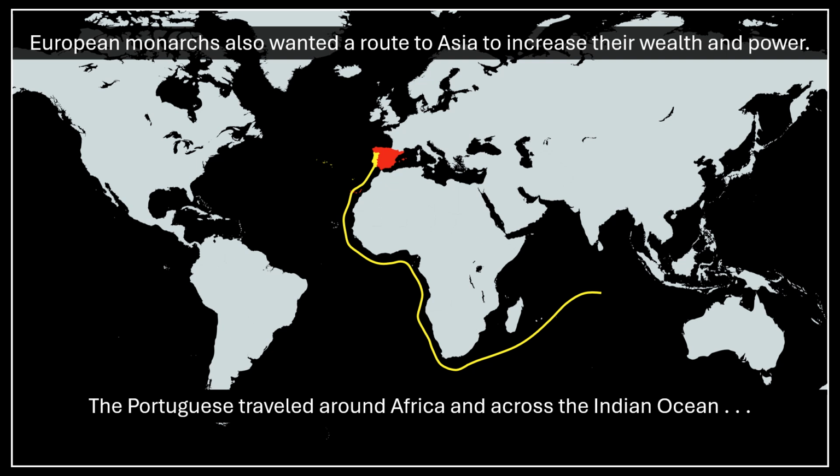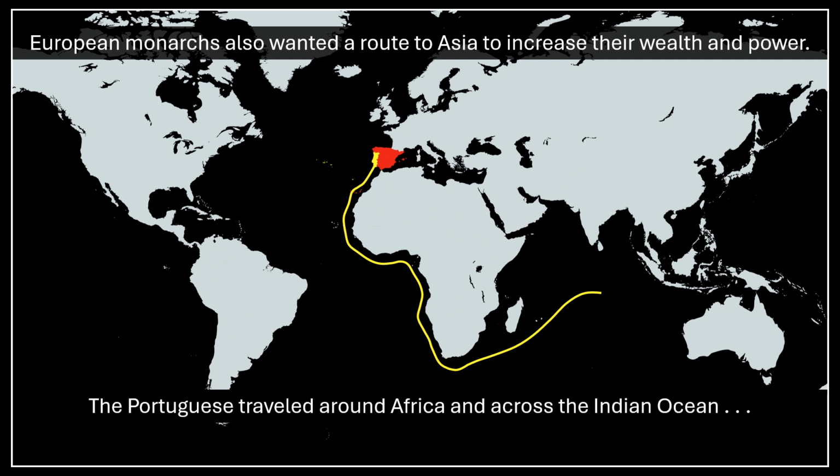So he decided to pull back and he returned to Portugal and he actually opened a school. He basically said, hey, if you want to be an explorer, come to me and I will train you. And so he trained a bunch of the guys that ended up actually succeeding and going further than he did.